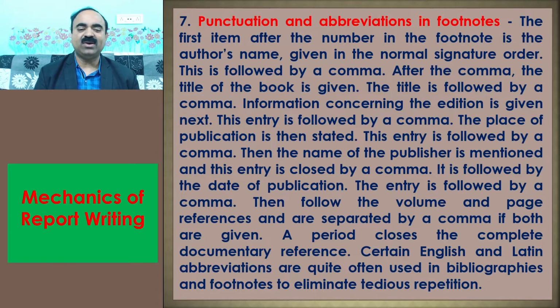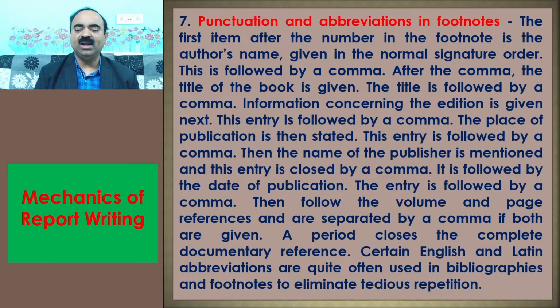This entry is followed by a comma. Then the name of the publisher is mentioned and this entry is closed by a comma. It is followed by the date of publication. The entry is followed by a comma.